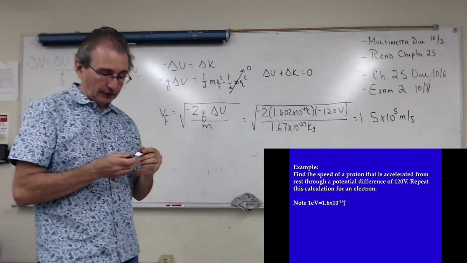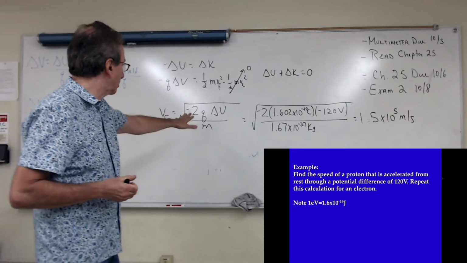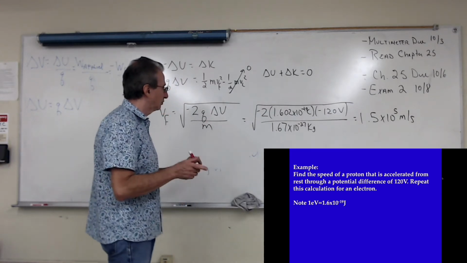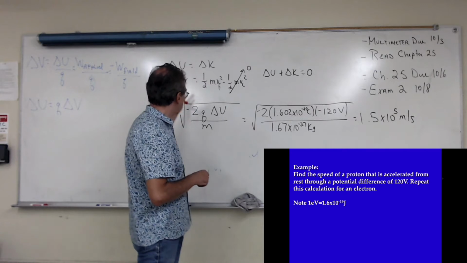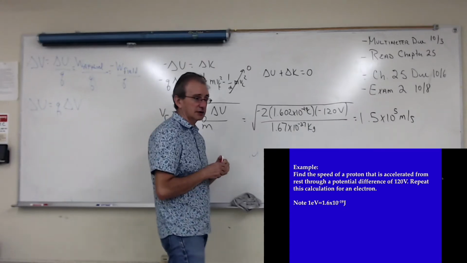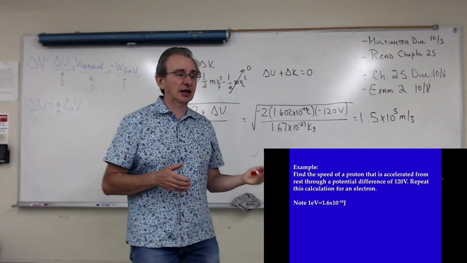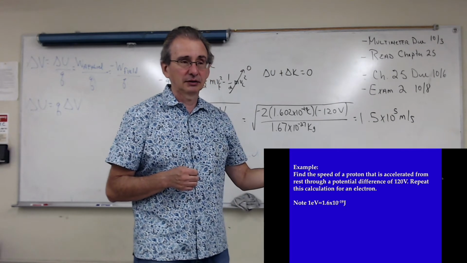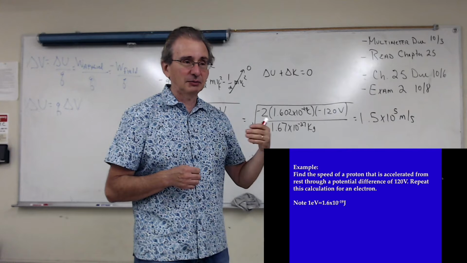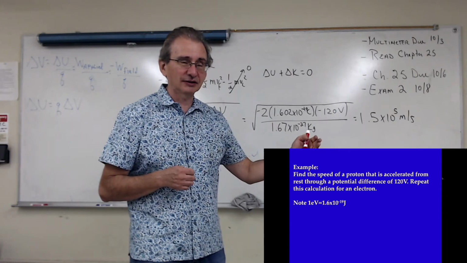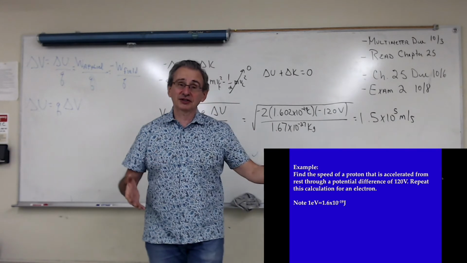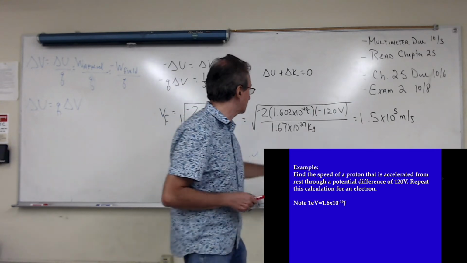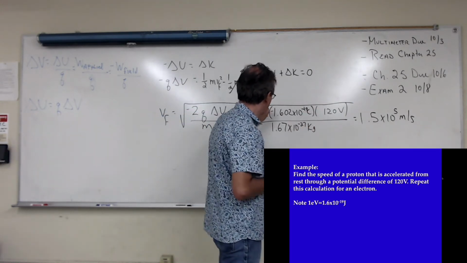Now, if we did this for an electron, so this is for a proton. I'm going to use red for the electron. If I do the electron, then really the process is the same. The only thing that's going to change is the numbers. If you're going to accelerate an electron, it's got to go against the electric field. And so when the electron goes against the electric field, it's accelerated, but then it goes towards a direction of increasing V. So this is positive, then this is negative.